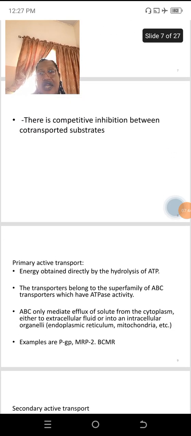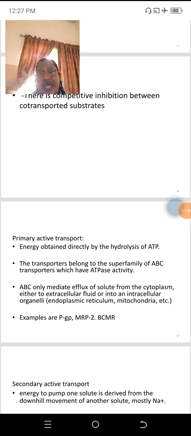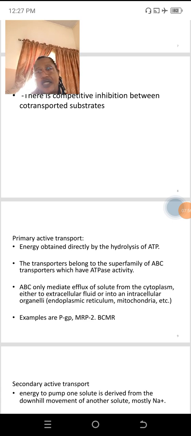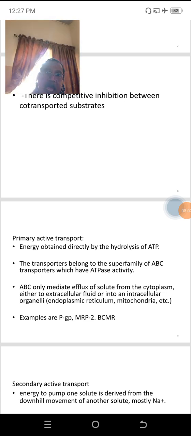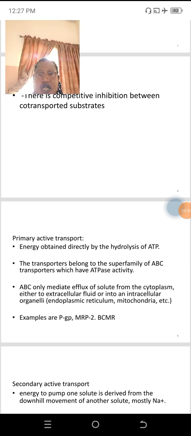In primary active transport, the energy for the transport of the drugs is obtained directly by the hydrolysis of ATP. The transporters responsible for this belong to the family of ATP binding cassette transporters, which have ATPase activity.